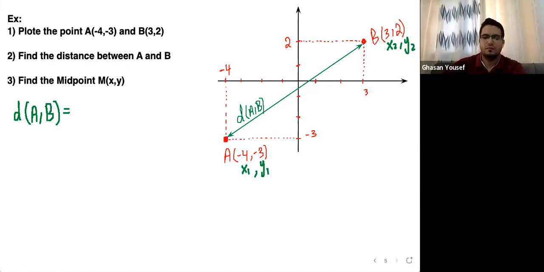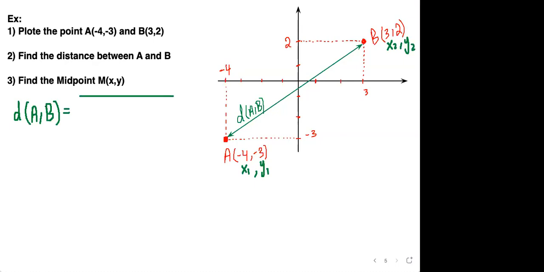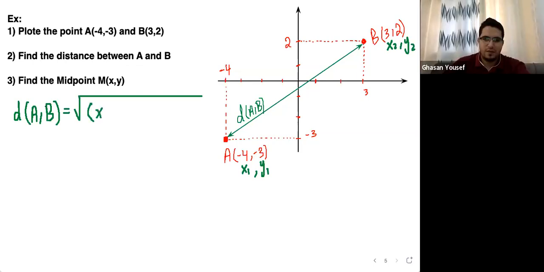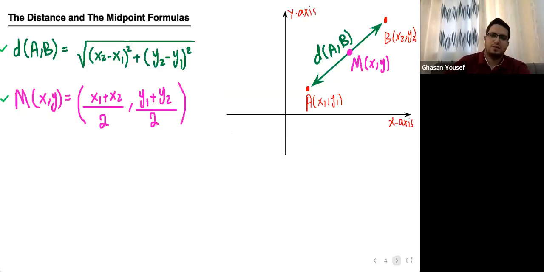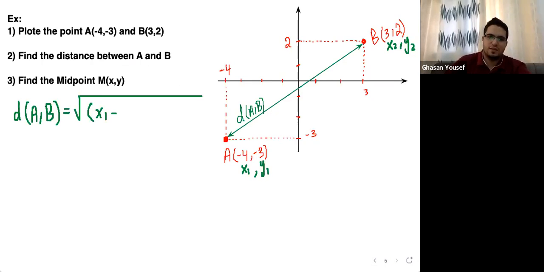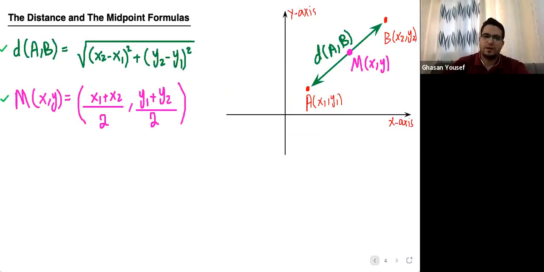So you have to put the square root sign, and then x2 minus x1 in parentheses raised to the power 2. Exactly. It could be x1 minus x2 or x2 minus x1. Doesn't matter, you should start from one of them. Why? Because the square changes the minus to positive.